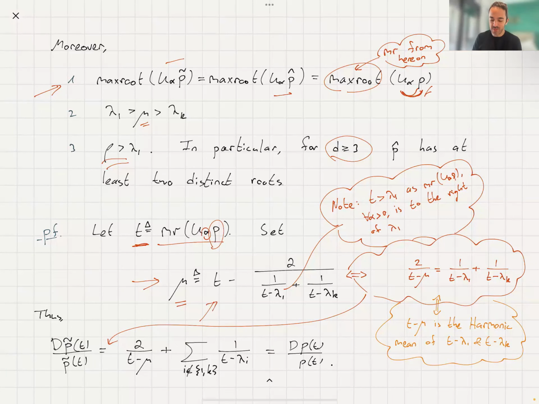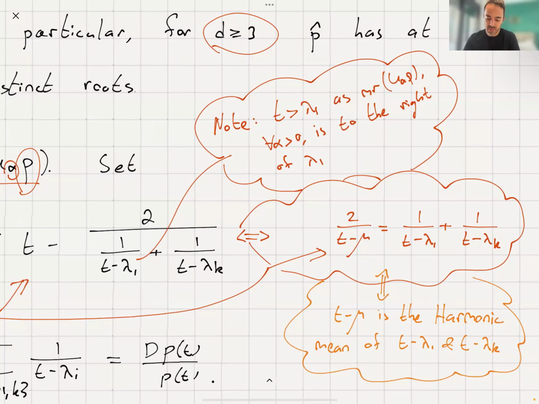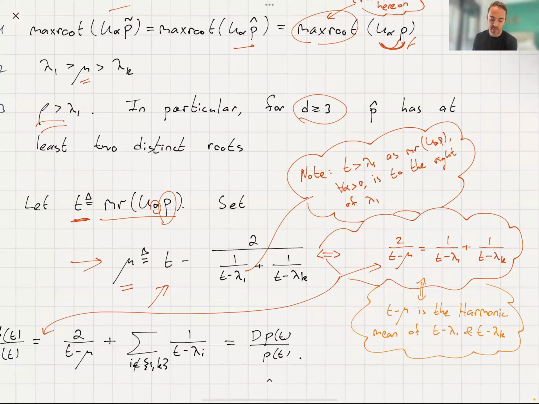The best way to read this definition is to derive mu from this equation: we defined T minus mu as the harmonic average of T minus lambda 1 and T minus lambda k. It's the same thing, but this is the explicit definition of mu, and this is the real reason we want to define mu like that, as we'll see in a second.